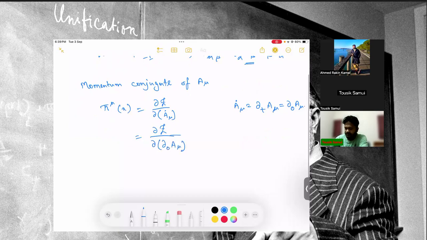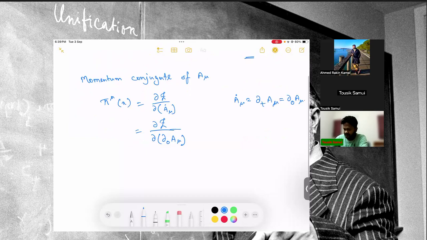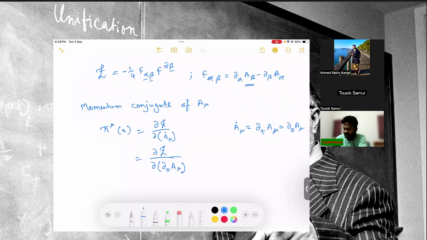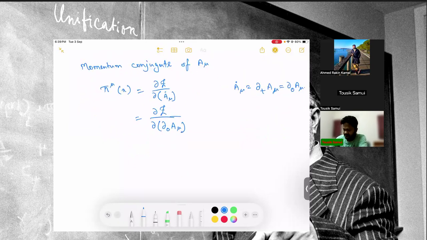Now remember the Lagrangian that we have: two terms have downward index, two terms have upward index, and since we're trying to take the derivative with the downward index here, let us write down the Lagrangian in terms of the indices which are downward. So that we can write in terms of eta alpha rho, eta beta sigma.